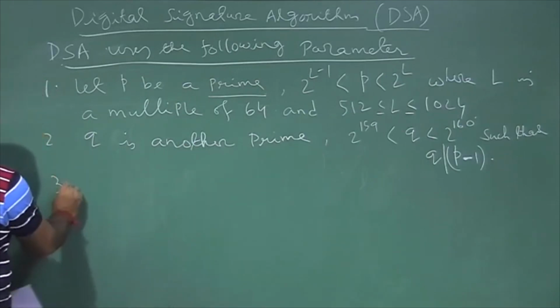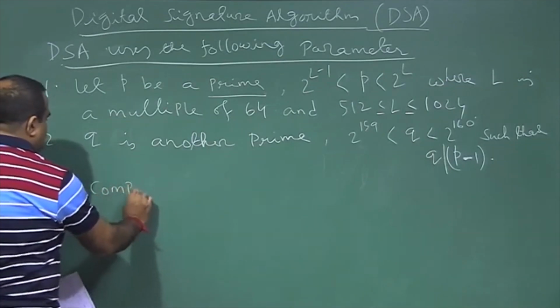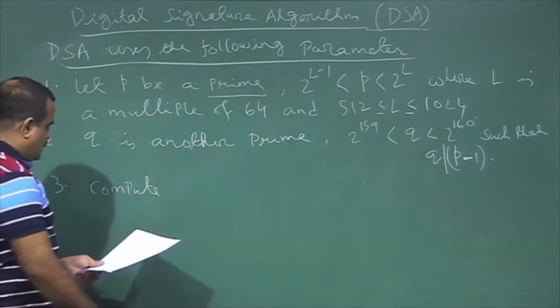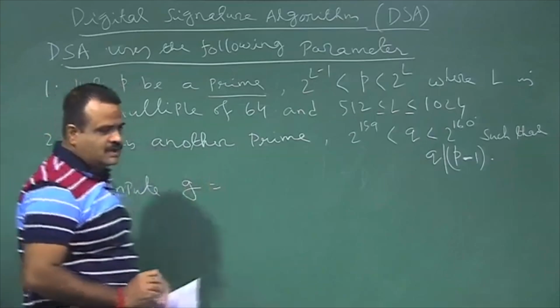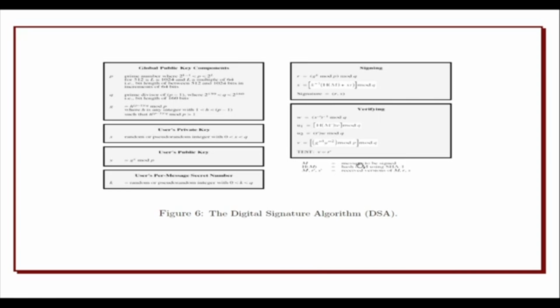Now we choose a g. We compute g, which is basically coming from h to the power p minus 1 by q, because q divides p minus 1, so that is an integer, and where h is an integer in this range.